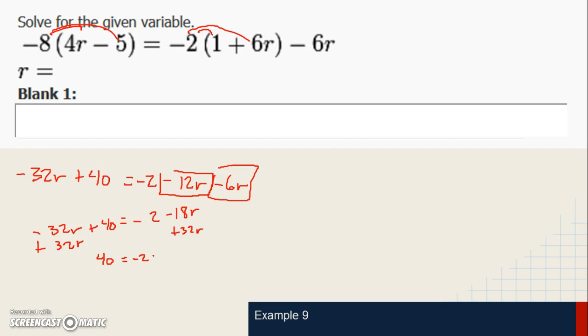It is. It's 14. Plus 14r. I add 2 to both sides. I get 42 equals 14r. I divide by 14. And that is 3.